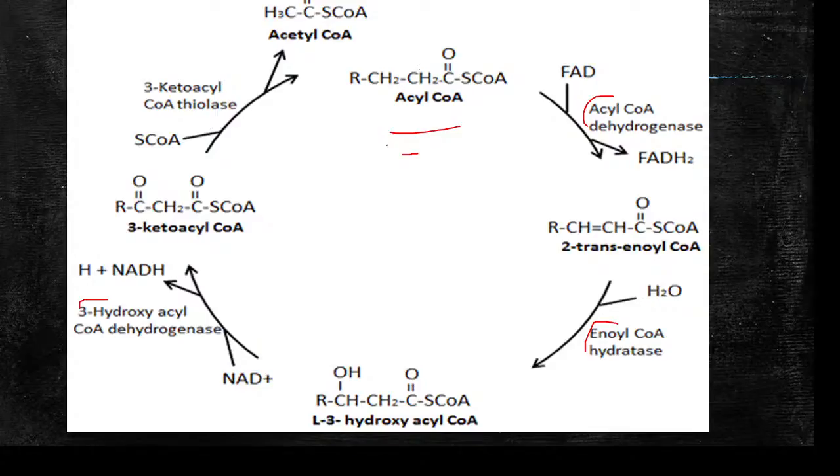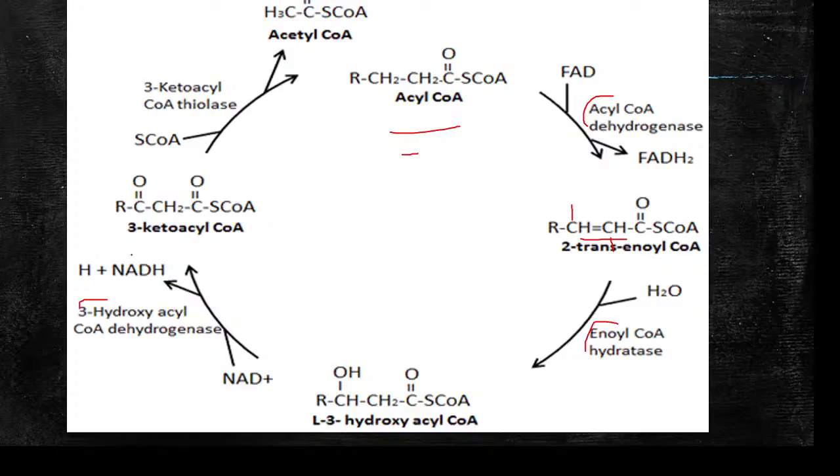In the first step, 2 hydrogens are removed from the alpha and beta carbon atoms and a double bond is formed. Then a water molecule is added: to the alpha carbon atom, hydrogen is added, and to the beta carbon atom, a hydroxyl group is added.